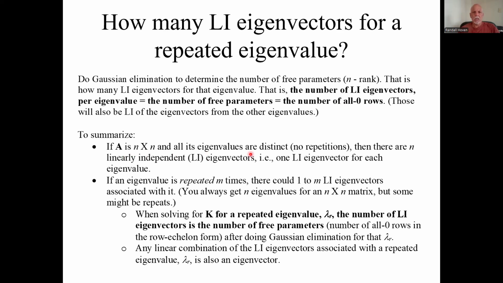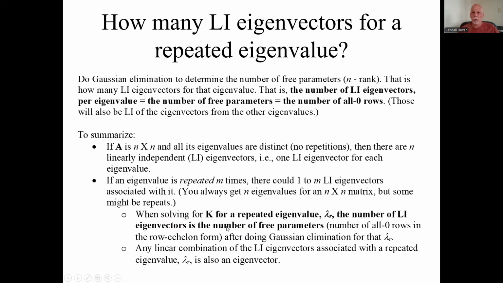So if A is n by n and all its eigenvalues are distinct, you're going to get n linearly independent eigenvectors, 1 for each eigenvalue. If an eigenvalue is repeated, say m times, there could be from 1 to m linearly independent eigenvectors associated. When solving for a repeated eigenvalue, the number of eigenvectors is the number of free parameters for that particular eigenvalue.